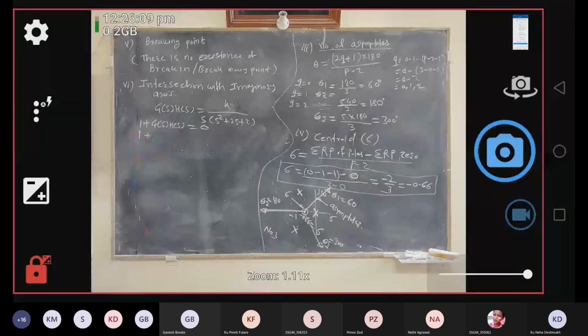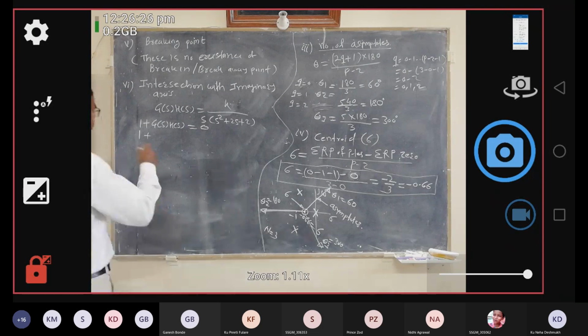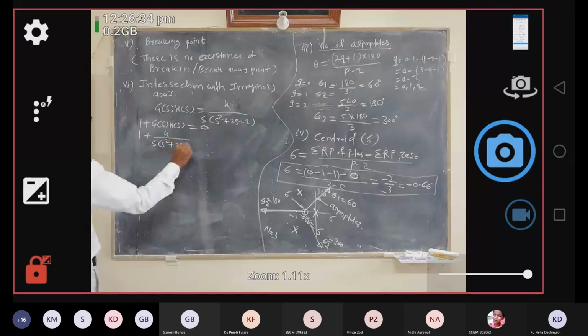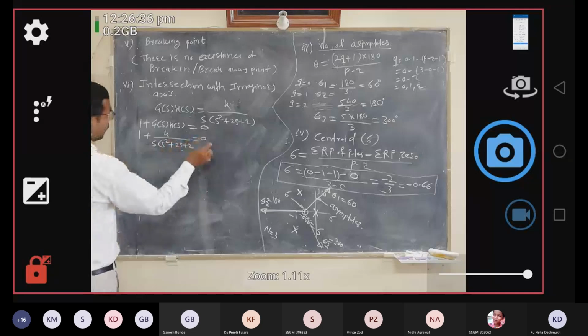So 1 plus K upon S into S square plus twice S plus 2, which is equal to 0.